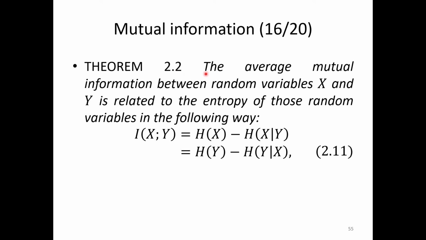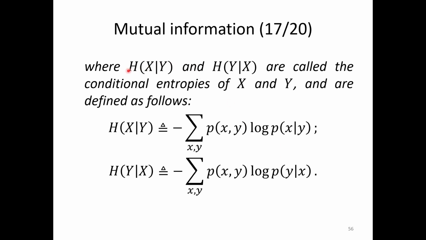Theorem 2.2. The average mutual information between random variables x and y is related to the entropy of these random variables in the following way. I(X;Y) is equal to H(X) minus H(X given Y), and is equal to H(Y) minus H(Y given X), where H(X given Y) and H(Y given X) are called the conditional entropies of x and y and are defined as follows.